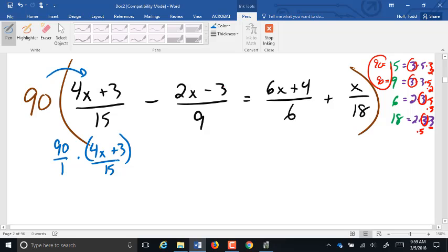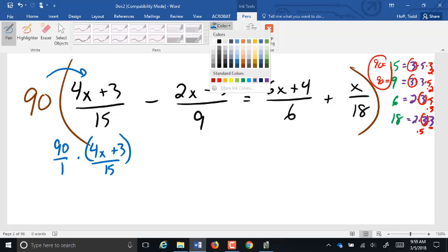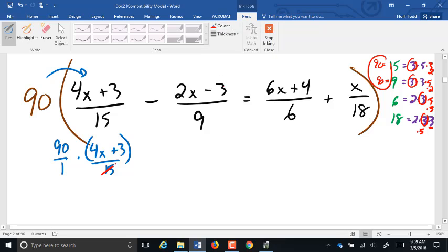Again, we treat that top like it's in parentheses. 15 and 90 cross cancel. Both divide by 15. 15 divided by 15 is 1. 90 divided by 15 is 6. 6 times 4x is 24x. 6 times 3 is 18.